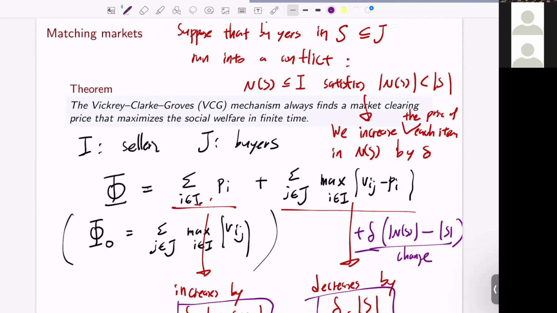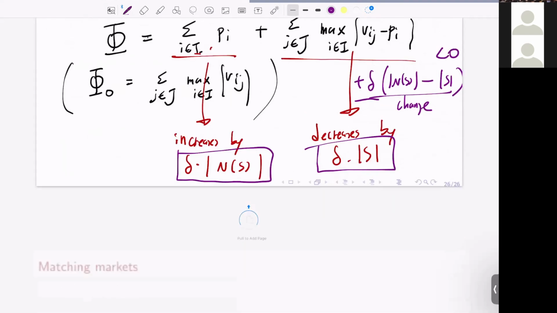So this is strictly negative. So we decrease this potential, and the initial potential has a finite value. And every time we update the algorithm, it decreases the potential value. Okay. So this is the finite convergence.